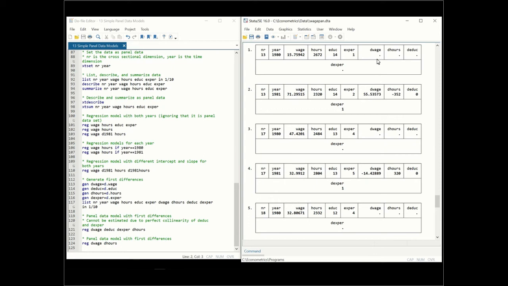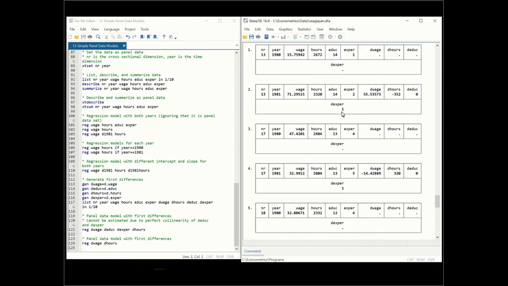And this is missing because if we have 2 periods of data, we can only take one difference. Same with hours: this number in the second period minus the first period is this value here, a negative value. If we take the education, that would be a value of 0. And if we take experience from here to here, that would be a 1.